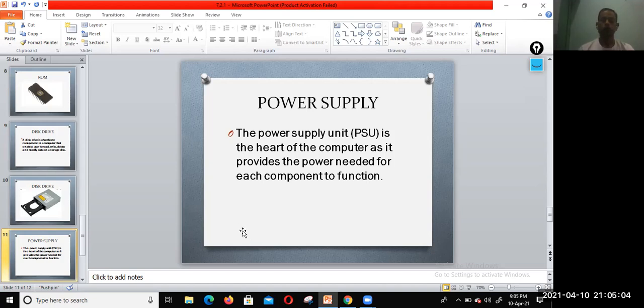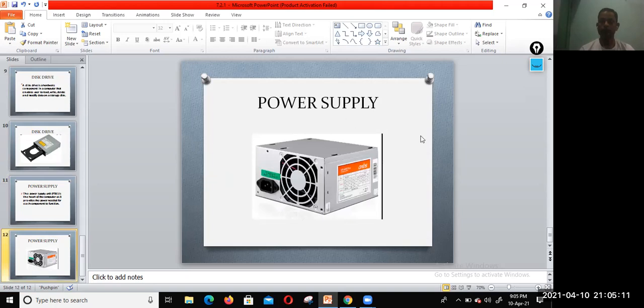You can see here the figure of the power supply. At the backside of the CPU cabinet, here at the top corner, this is the PSU, power supply unit.